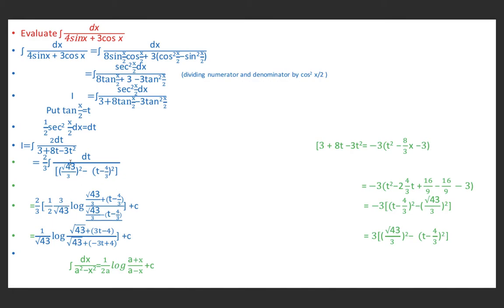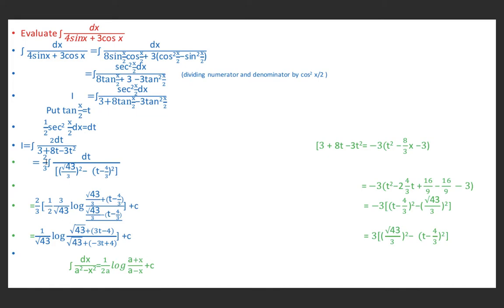In place of a, we have under root 43 upon 3. In place of x, we have t minus 4 upon 3. So we know that the integration of 1 upon a square minus x square with respect to x is 1 upon 2a log of a plus x upon a minus x plus c.